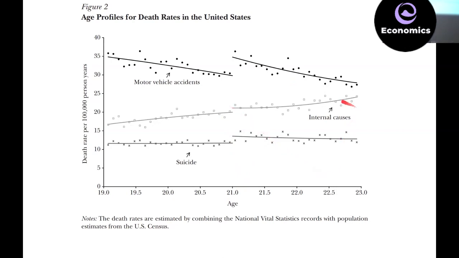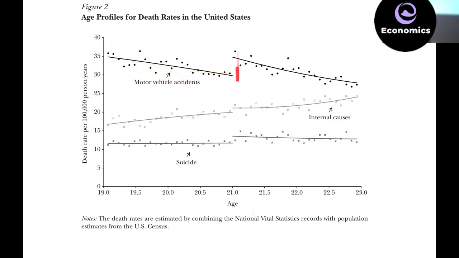And if we look at other reasons people die, like internal causes, there's a continual increase, and suicides, and so on. For these two, there's no discontinuity, at least no statistically significant jump when people turn 21. And so here it illustrates what we call the running variable, and that's age. The correlation itself doesn't mean people just drink and drive, right?